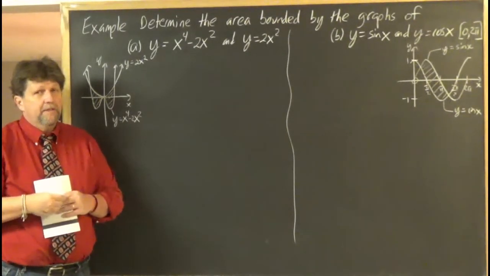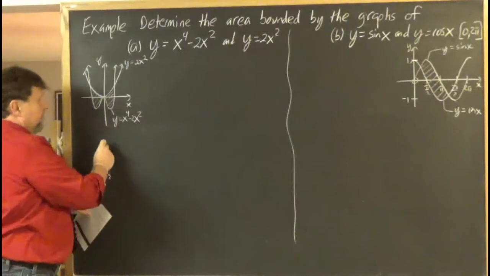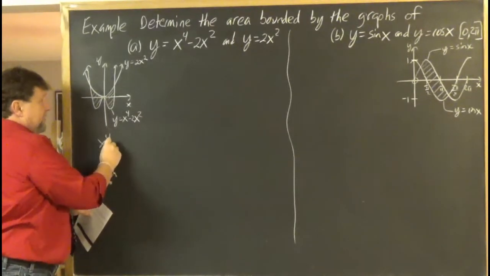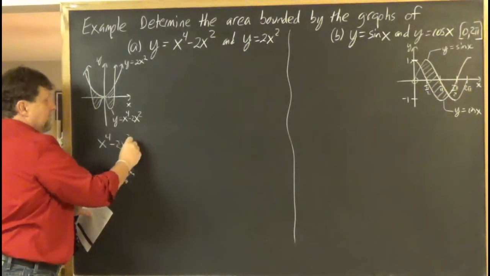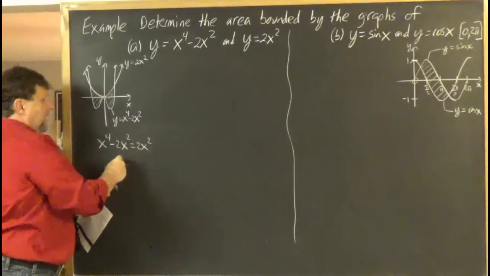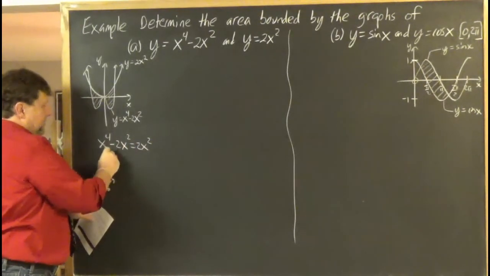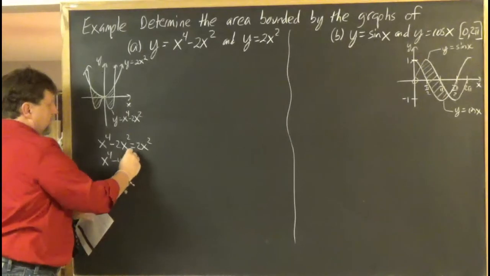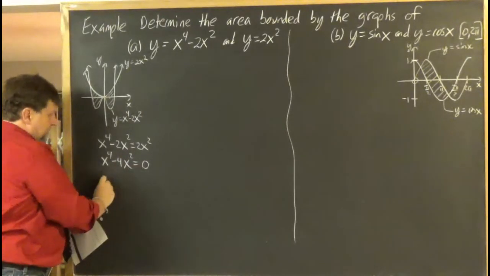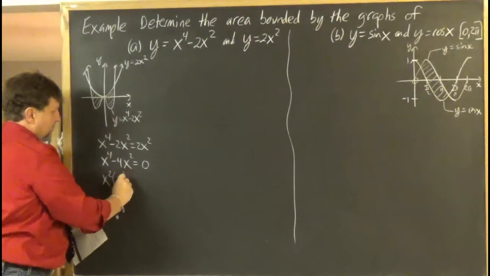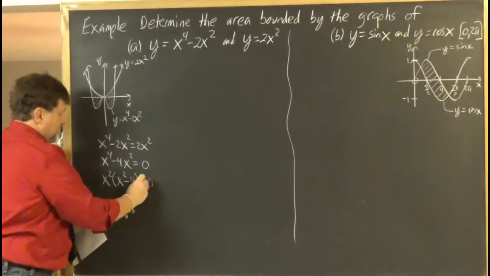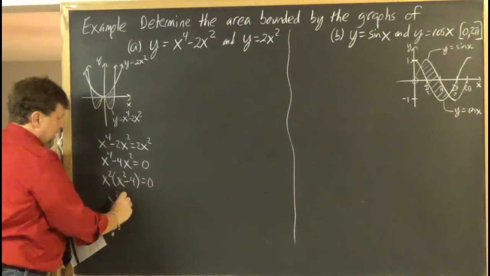I need to find points of intersection. So here I go. I set the functions equal to each other, and I'd subtract 2x squared from both sides. Factor out an x squared. Set each factor equal to 0.